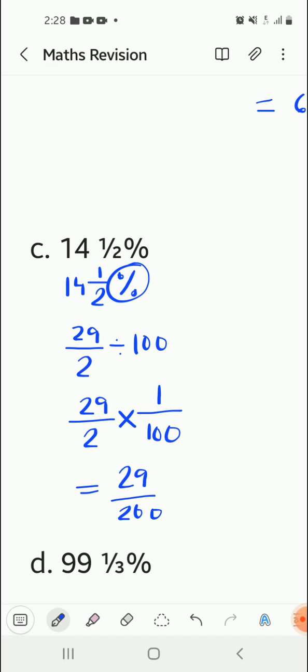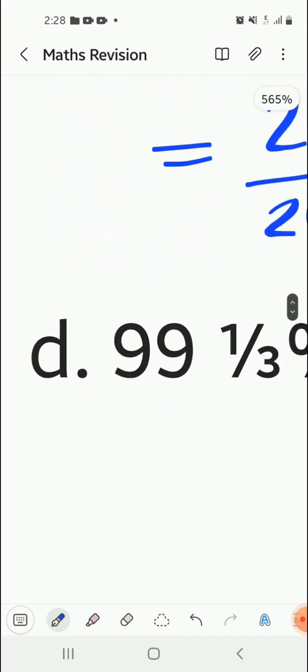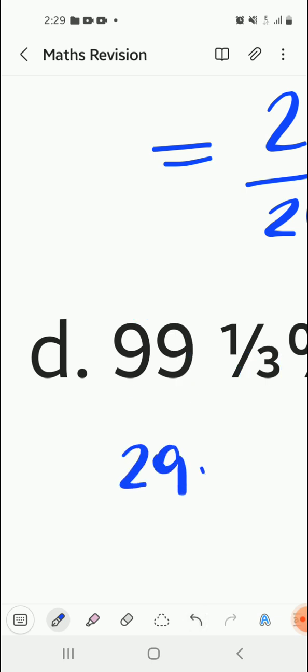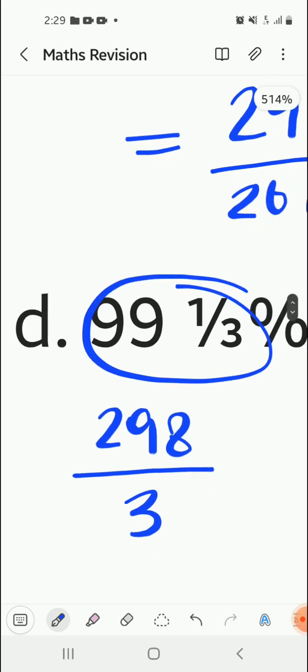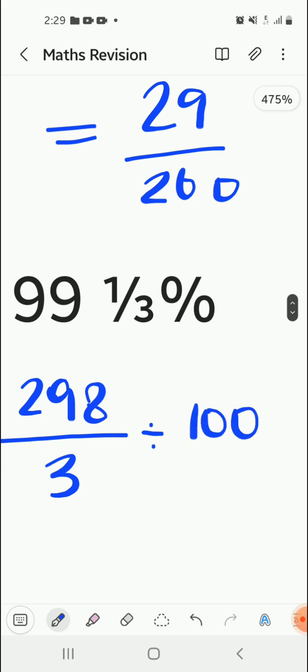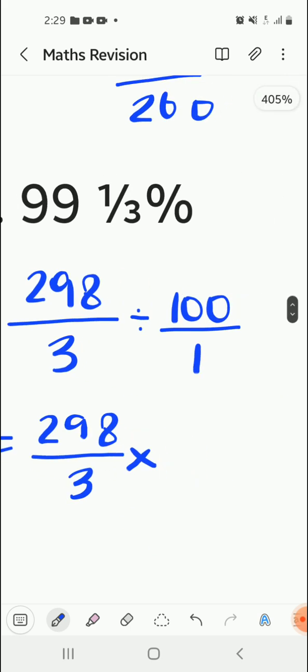Okay. Moving on. Next question. 99 1 by 3%. Again, the same steps we are going to follow. 99 into 3, that is 297, plus 1, that is 298. So simply write 298 by 3. This is actually the improper fraction of 99 1 by 3. Now this divided by 100. 100 actually means 100 by 1. That's what you have to remember. So 298 by 3 into 1 by 100.